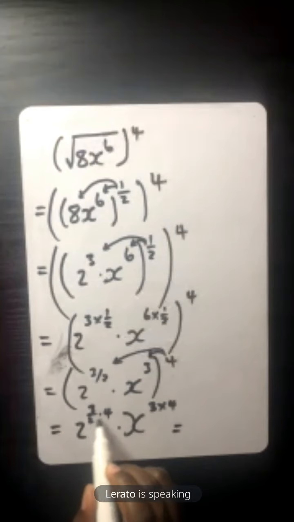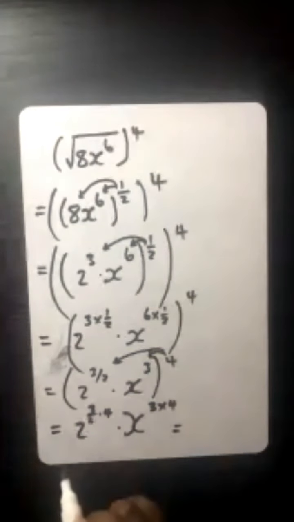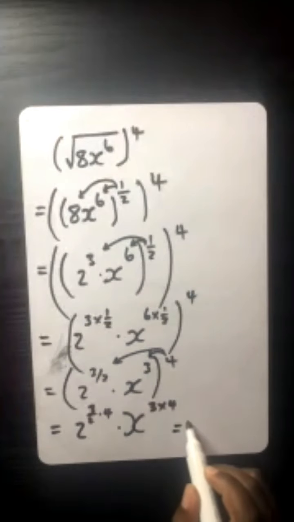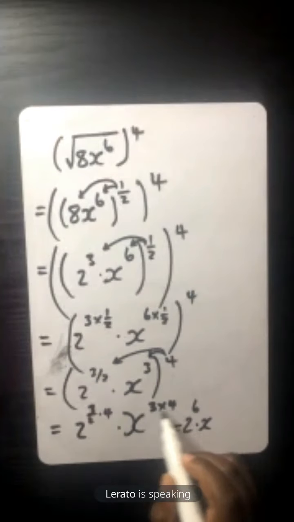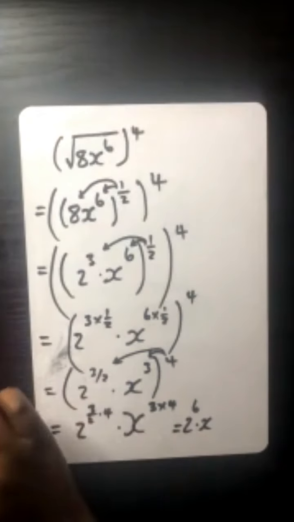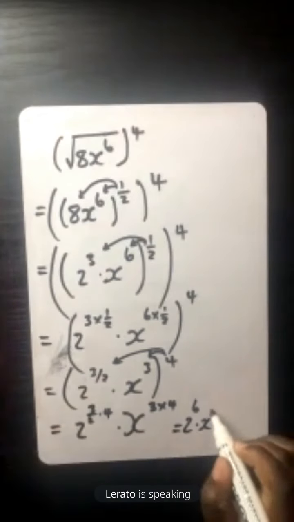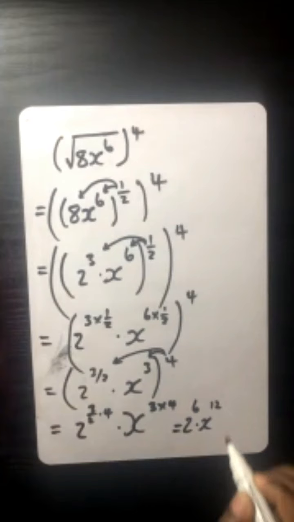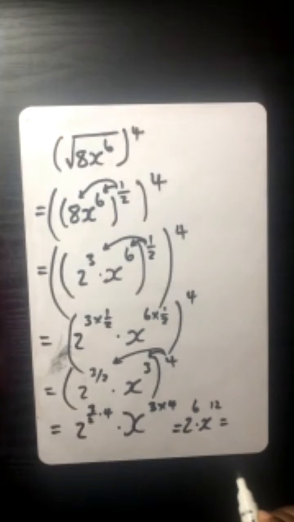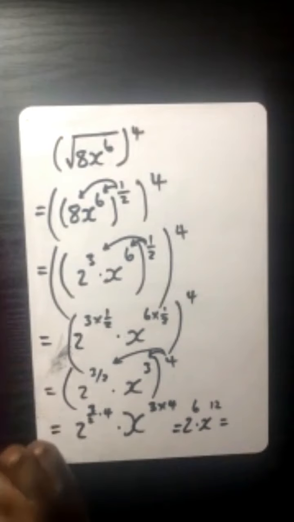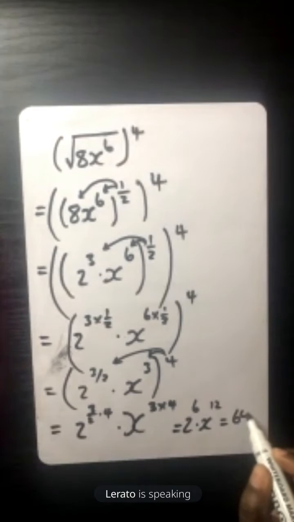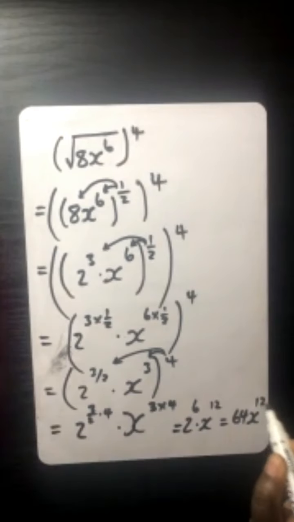This is the same as 2 times 3, which is 6. So it's 2 to the exponent 6 multiplied by x to the exponent, what is that? Is it 12? 3 times 4 is 12. This is the same as, what is 2 to the exponent 6? Is 64. x to the exponent 12.